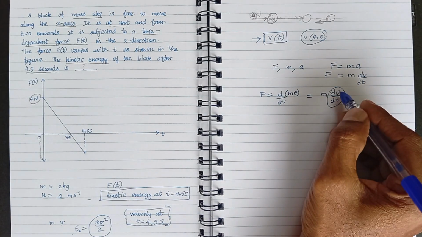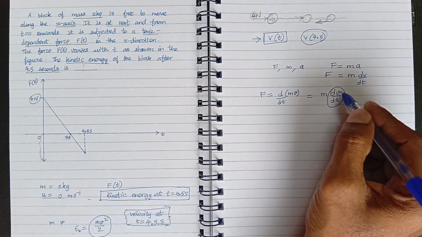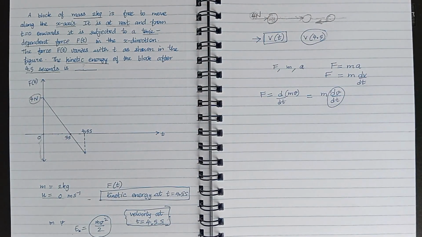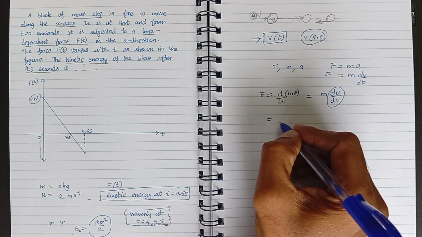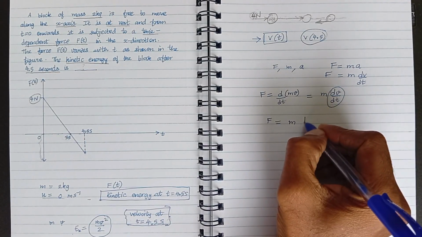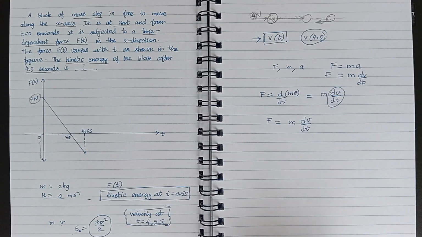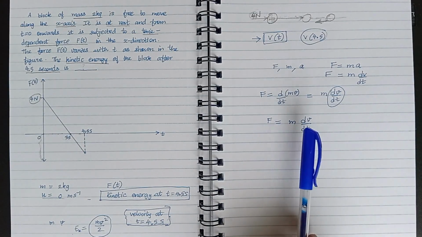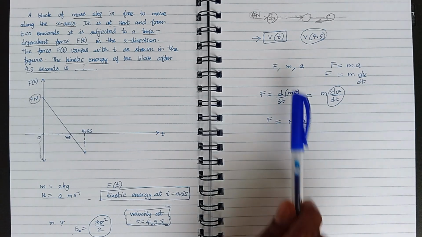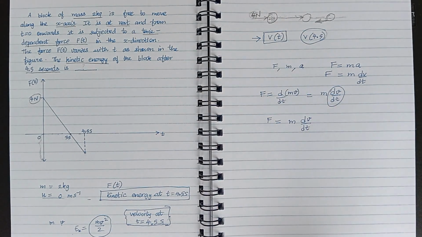Now you see you have this first derivative of velocity. Okay, so let's write it here. F equal to m into dv by dt, right? Now this is the relation between force and first derivative of velocity, but we need velocity, not its first derivative but the original function velocity. How can we get it?